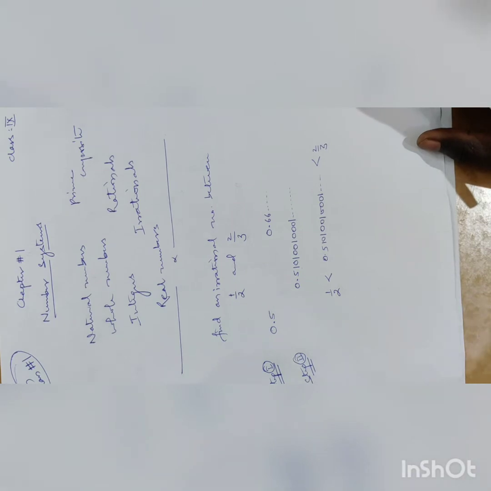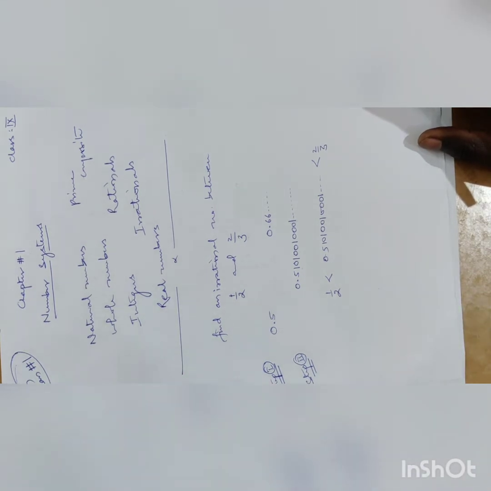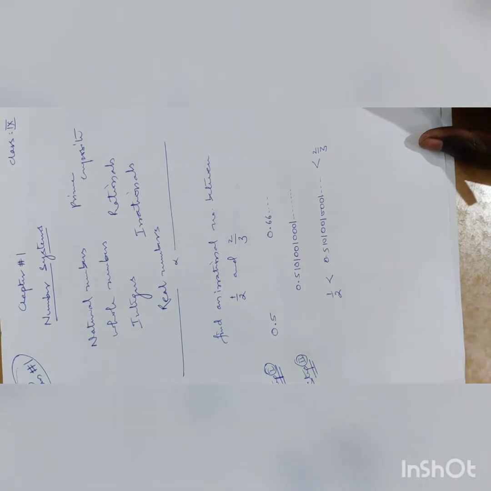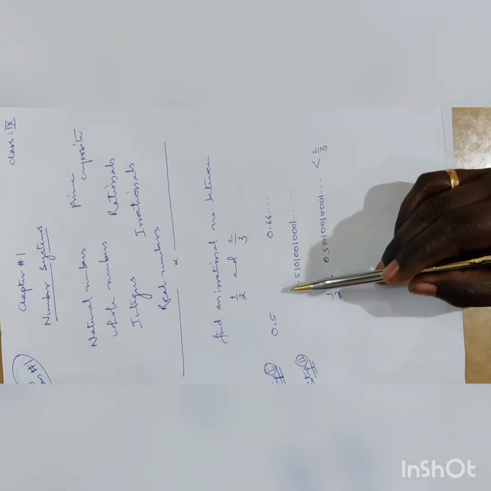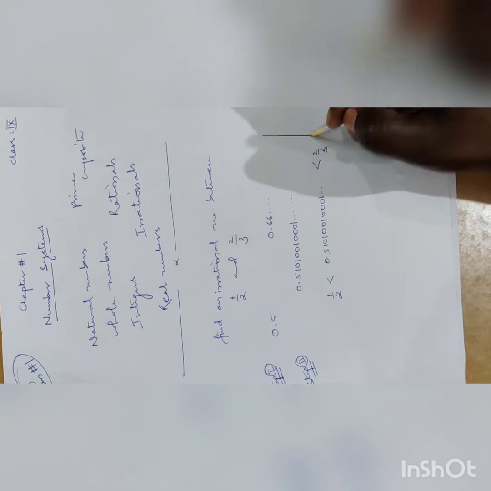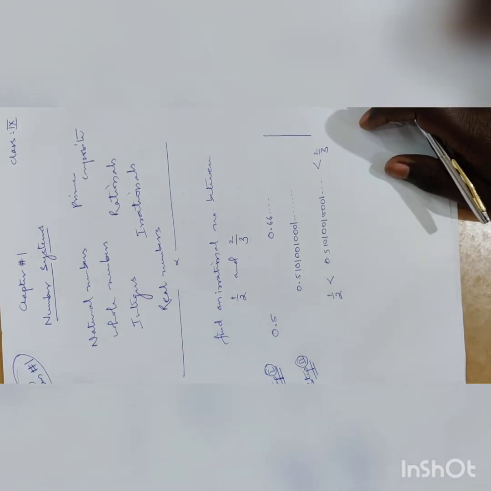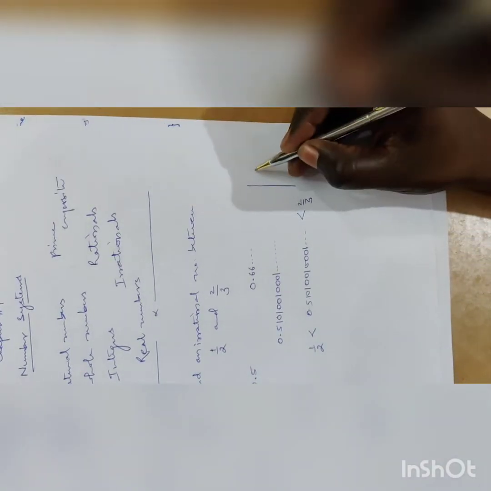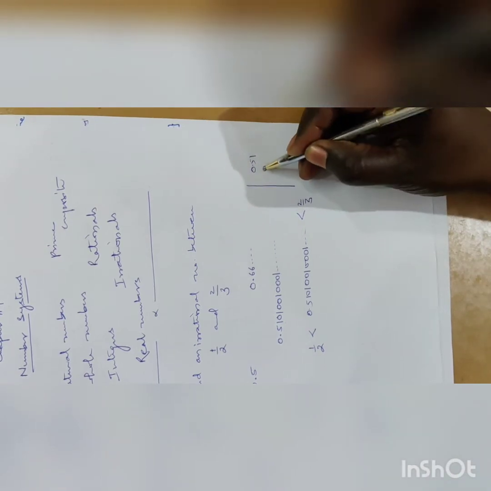Now you can find a number between any two numbers, rational or irrational. Any number. Rational you have studied in early classes, but in 9th standard I am teaching you how to find irrational numbers between any two real numbers. So if you ask me to find rational numbers, then a very simple example is, take 0.51, 0.52.